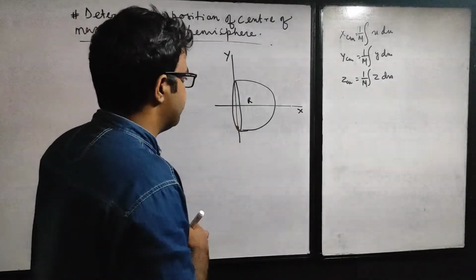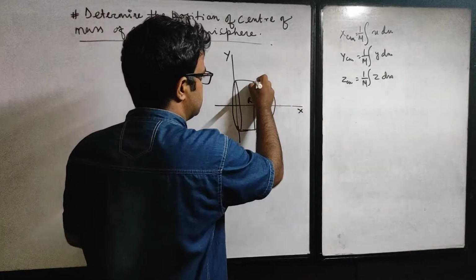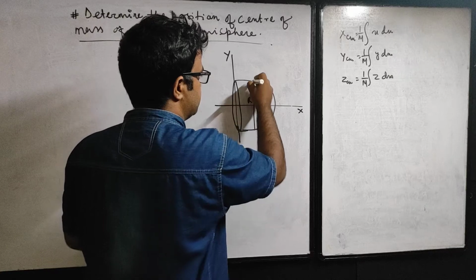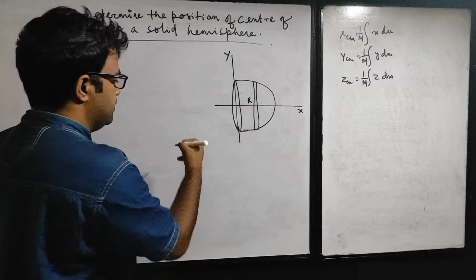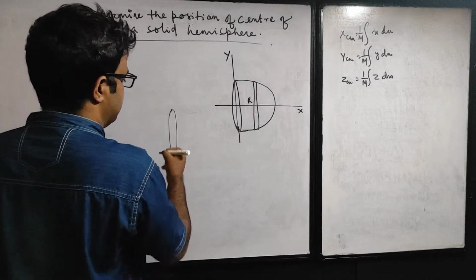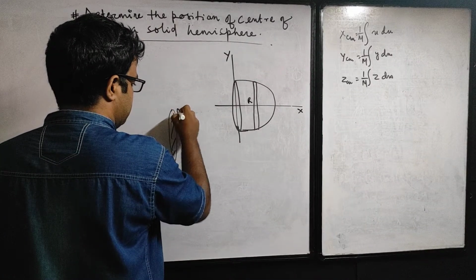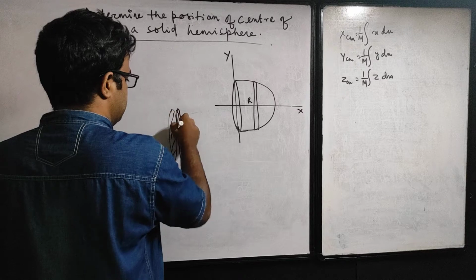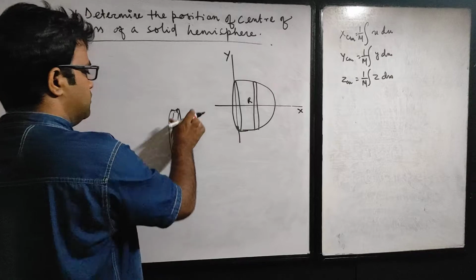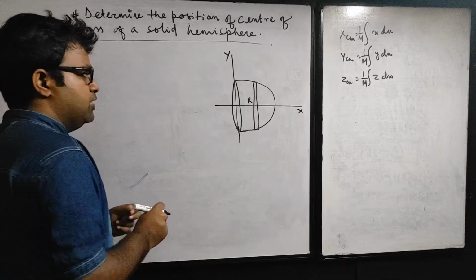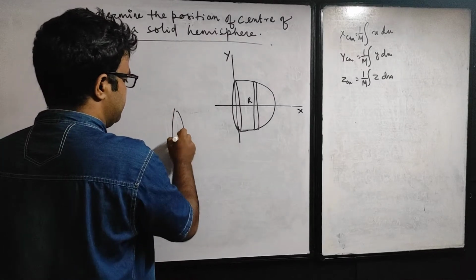So here what we'll do, we will cut the hemisphere in small disc type strips, right? If we cut a hemisphere, you will get strips like this, and each will be like a disc. And you know where the center will lie in case of a disc: at the midpoint.